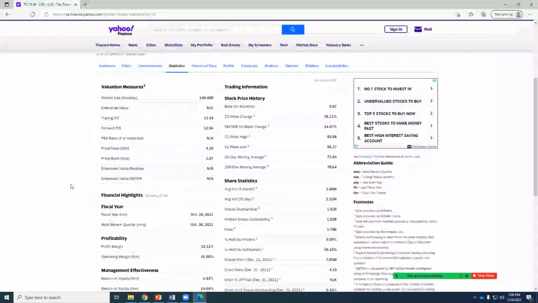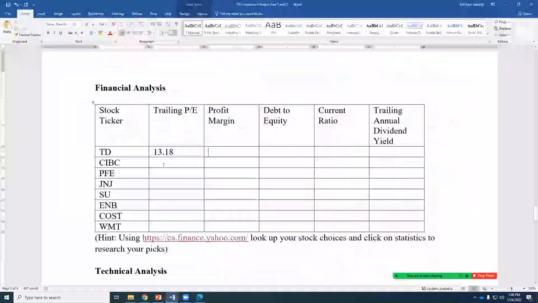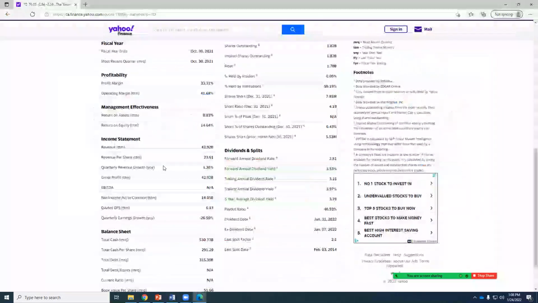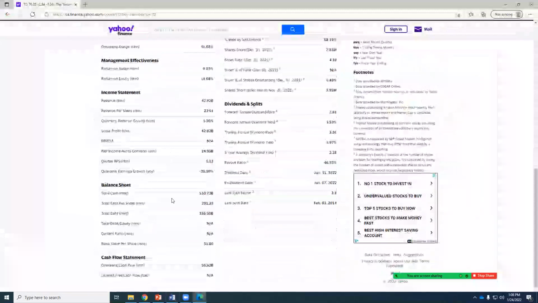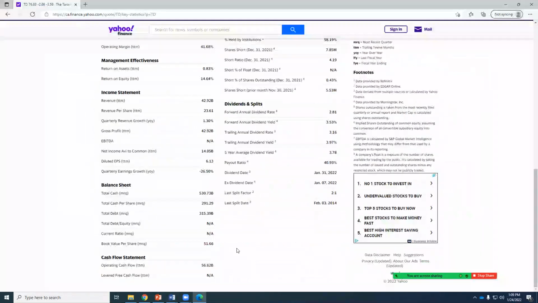Then I'll look at my profit margin next. Here's my profit margin at 33.31%, and then my debt to equity ratio. Okay, debt to equity ratio is not available. So I just put NA. I don't know why it's not available.